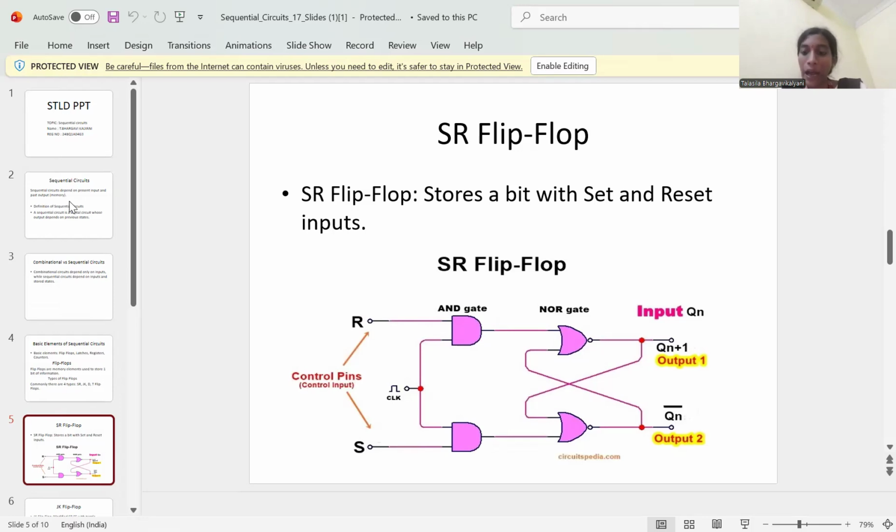When Qn is 0 and Qn plus 1 is 1, then R value is 0 and S value is 1. If Qn is 1 and Qn plus 1 is 0, then R is 1 and S is 0. If Qn equals 1 and Qn plus 1 equals 1, then R equals 0 and S equals don't care.